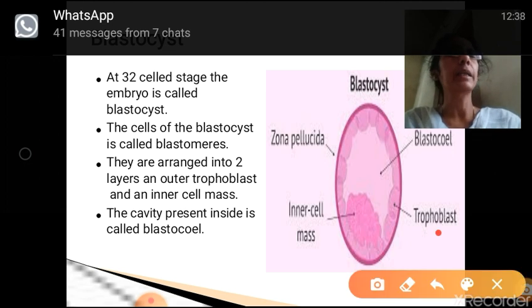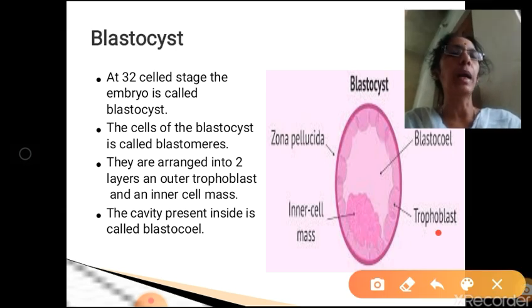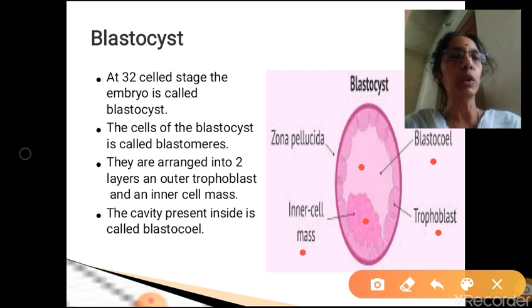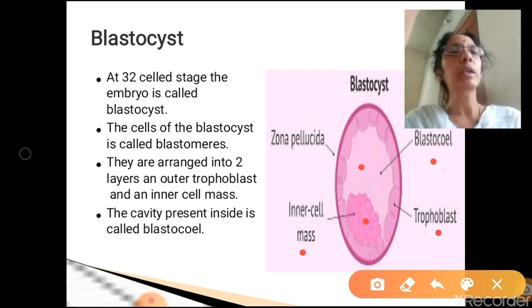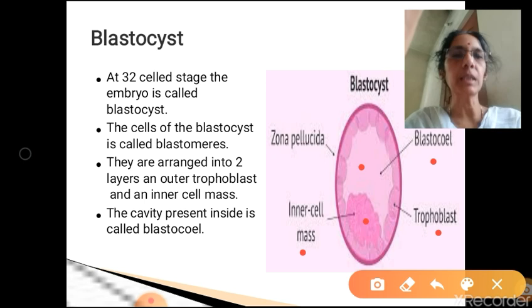The outer layer is called the trophoblast, and the other cells are arranged in the form of a mass, that is called the inner cell mass. And in between these two, you can see a cavity that is called the blastocele. So, at the 32-cell stage, the embryo is called a blastocyst.